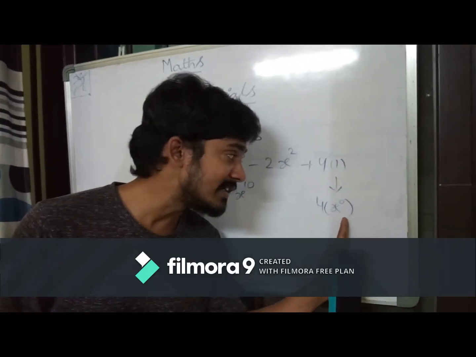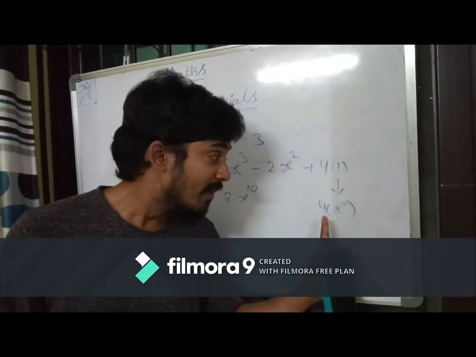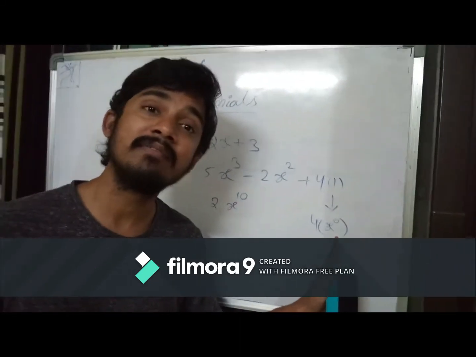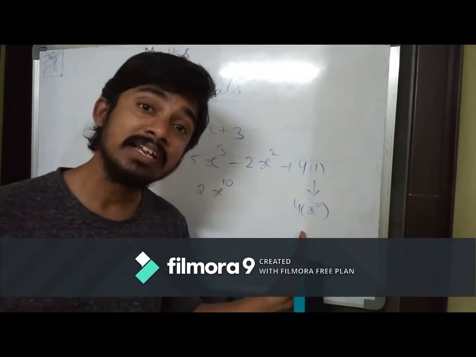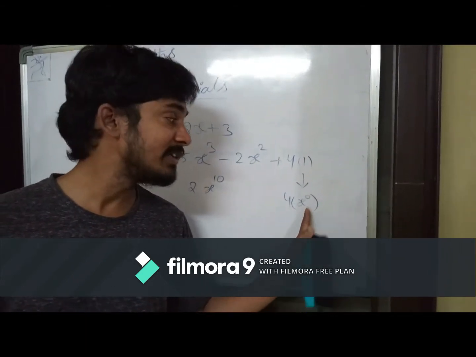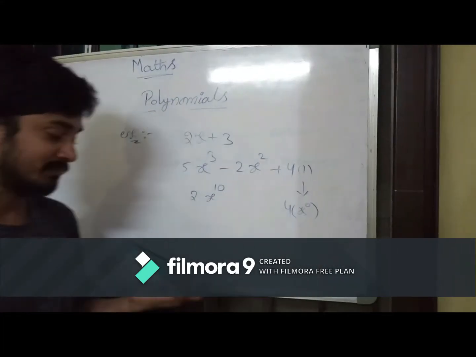So in this constant term, x is a variable and the power of the variable is 0. For every constant term, the power of the variable is always 0.